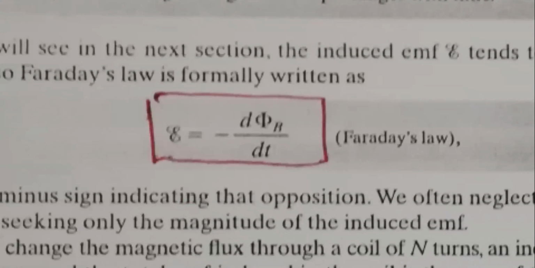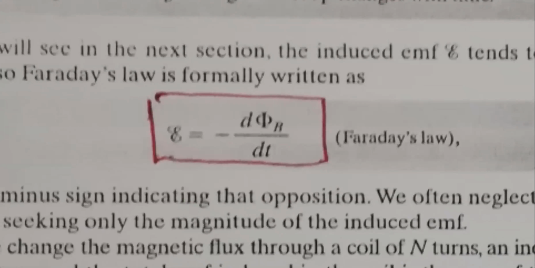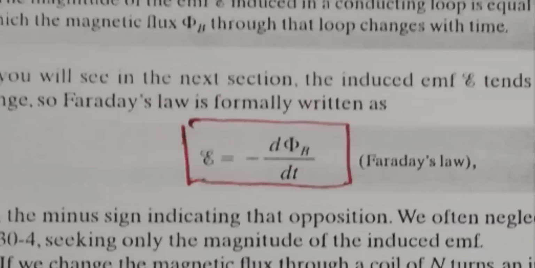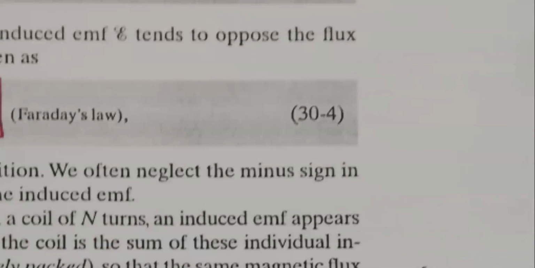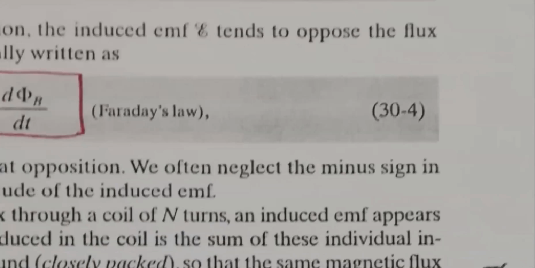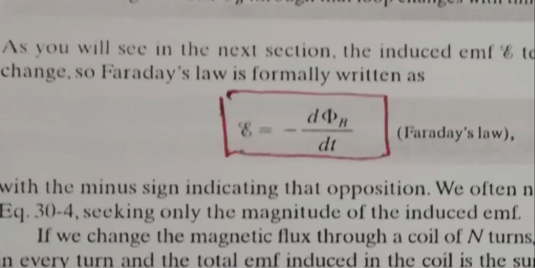So if there is a magnetic flux, but it is not changing with time, then d phi B will be equal to 0 and EMF E will be equal to 0. You can see this from the equation.